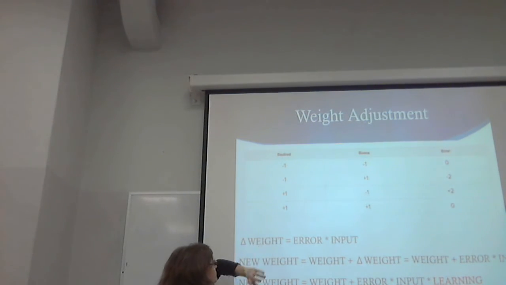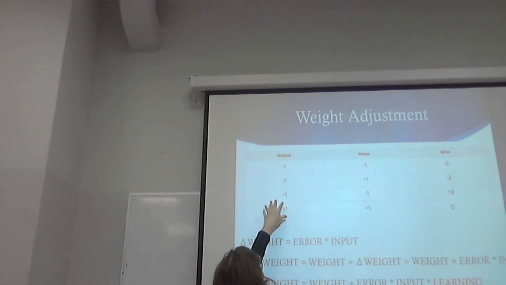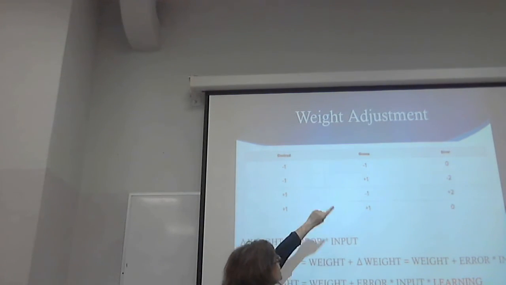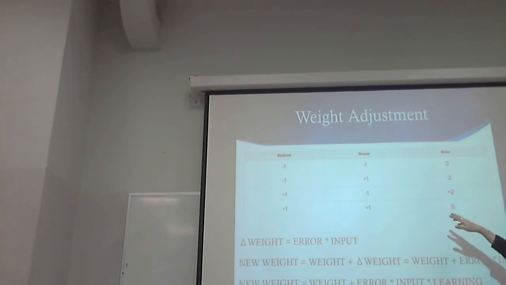For example, if I know the correct answer is negative, and the perceptron guessed -1, there is no error, right?